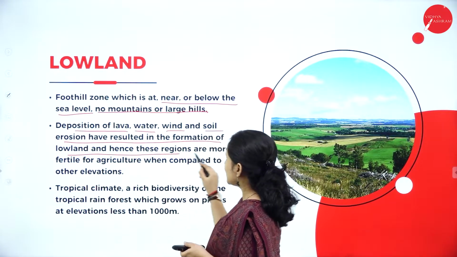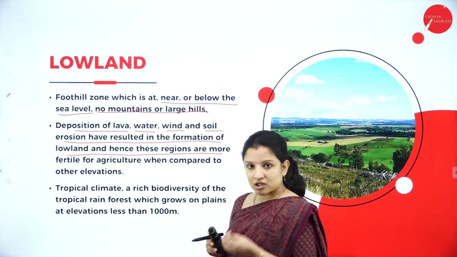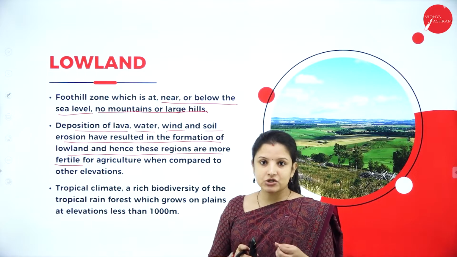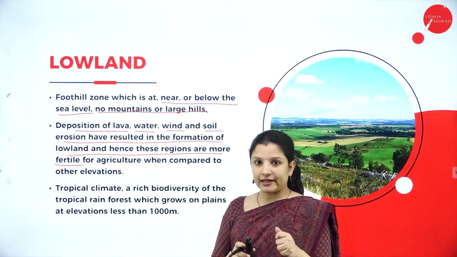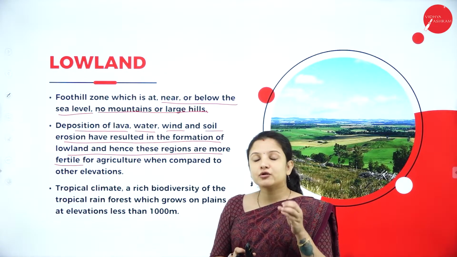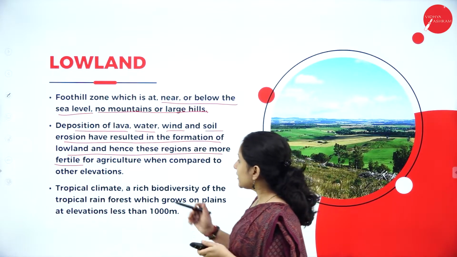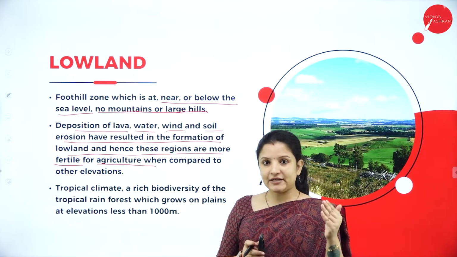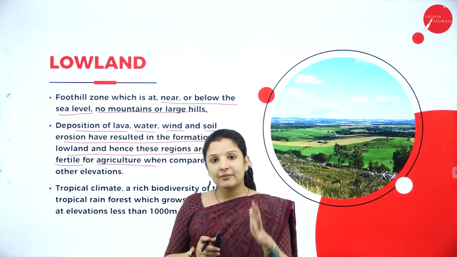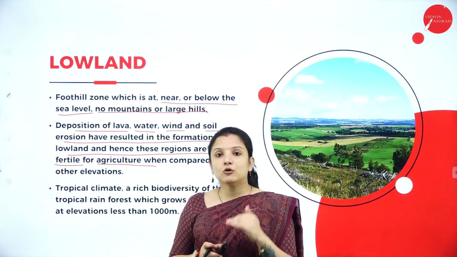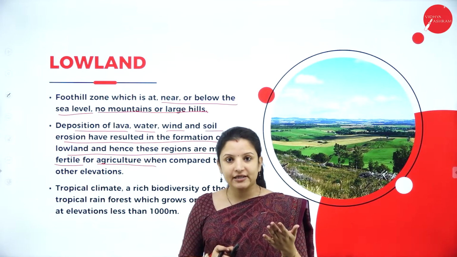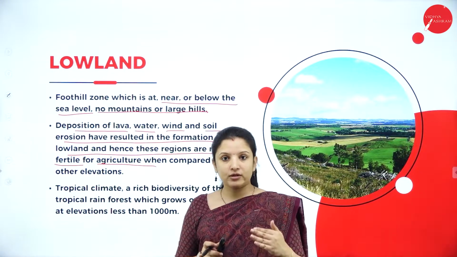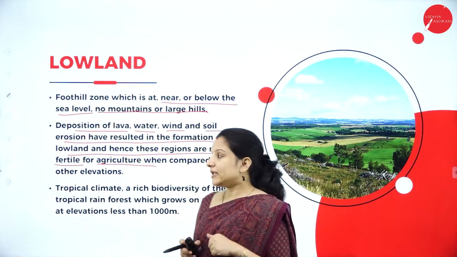Hence these regions are rich in soil content, wherein the soil is very fertile, and hence it is suitable for the growth of a number of plants, including for agriculture purposes when compared to other elevations. Therefore, human habitation is more in the lowland when compared to higher elevations, and also agriculture, farming and all that is more in the lowland.